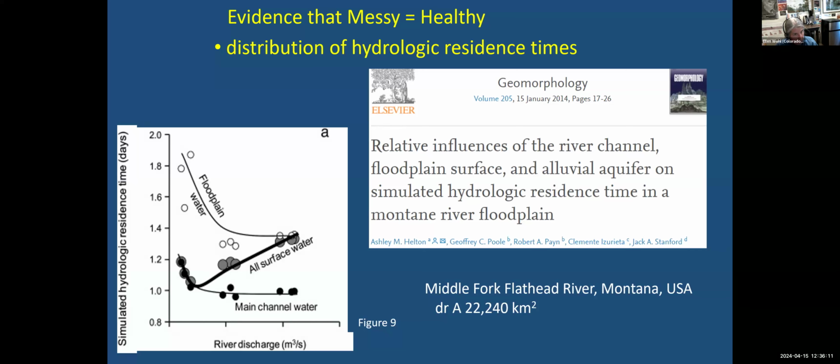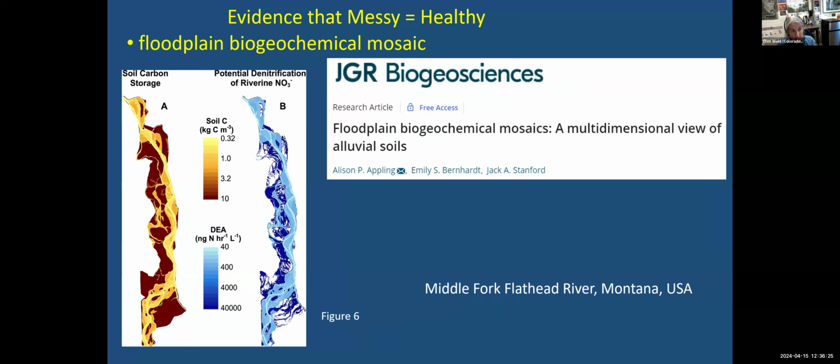And the greater distribution of hydrologic residence times then can be equated to things like nutrient uptake and just attenuating peak flows if you've got some of the water moving downstream more slowly in the subsurface. And working at the same site, they showed that there's this mosaic of things like riverine denitrification or nitrate uptake and soil carbon storage, again, because you've got this patchy river corridor with a variety of different environments.